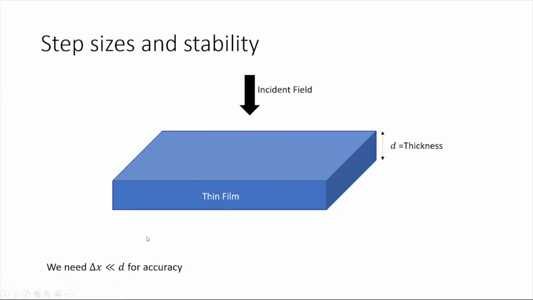If we pick delta x equal to d, then our thin film is only one FDTD cell across, which means that the electric field inside is only going to have one value. And of course, for a sufficiently large thin film, the electric field could actually vary over several wavelengths inside of this thin film. So we need a step size that represents that. We need a step size much less than the thickness of our thin film.